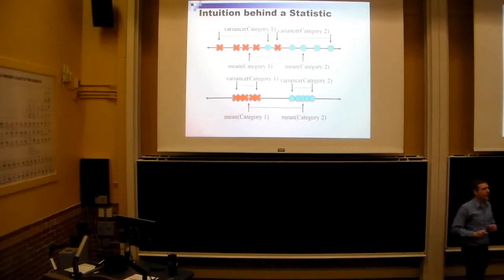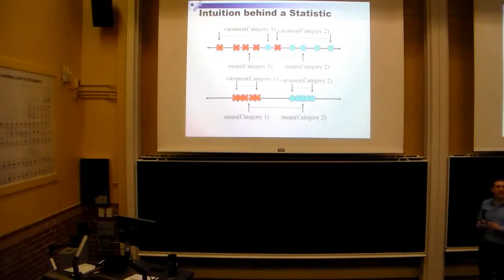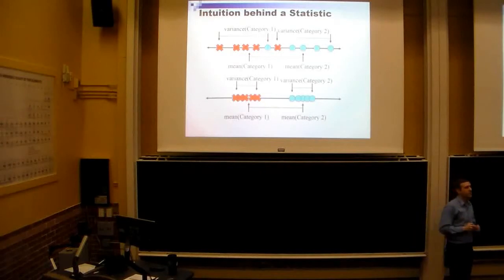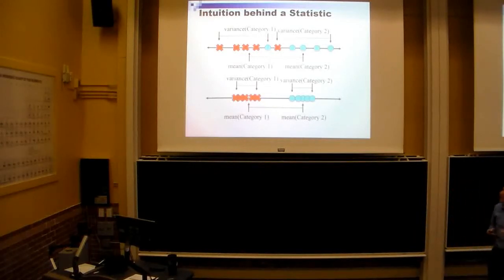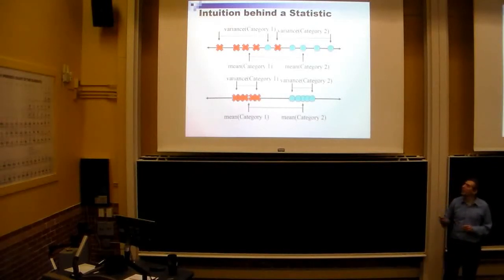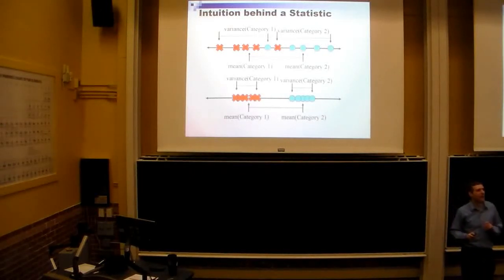You should recognize this intuition behind a statistic as something you've seen before. Where have we seen a statistic that uses this kind of intuition before? Well, this came up in a context that you should remember from last week: QTL analysis.